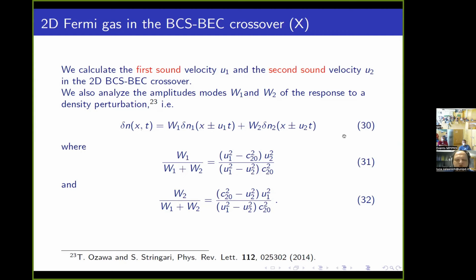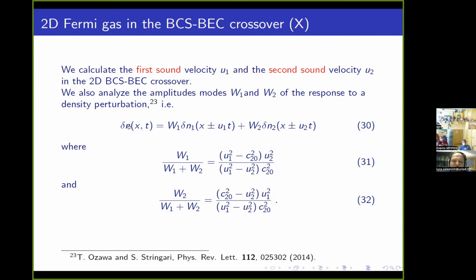However, we are interested also in the sound modes, and also in this case, we calculate the first sound velocity u1 and the second sound velocity u2, knowing the equation of state and the superfluid fraction. We also analyzed the amplitude modes W1 and W2 of the response to a density perturbation.